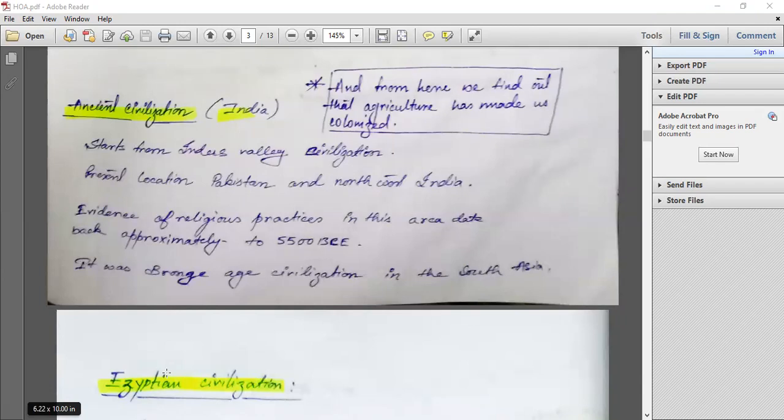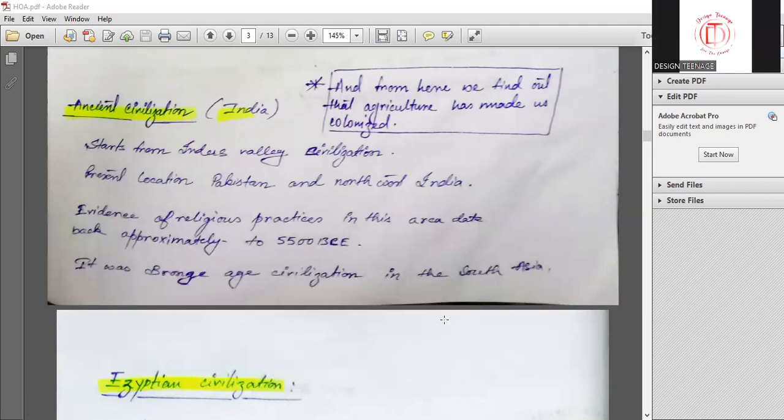So we have to settle down at a place from where water is easily accessible. Where is water accessible in the easiest way? The very simple answer is near a river, and the soil is also fertile. So ancient civilizations, wherever we see them, are always situated beside a water body, a river, where there is no scarcity of water.